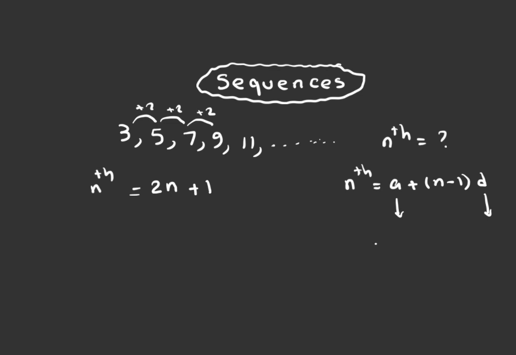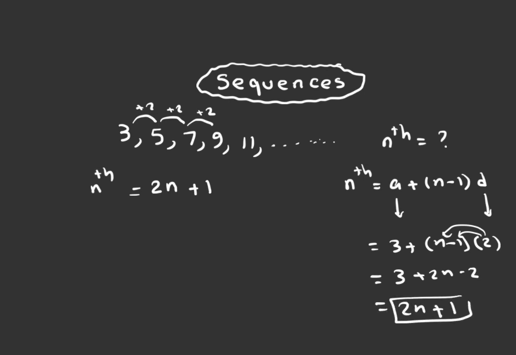So if we apply this rule, the first term is 3, plus n minus 1 times 2, since we add 2 every time, the common difference. 2 times n is 2n, 2 times negative 1 is negative 2, so we get the same answer, which is 2n plus 1. This is using the rule.